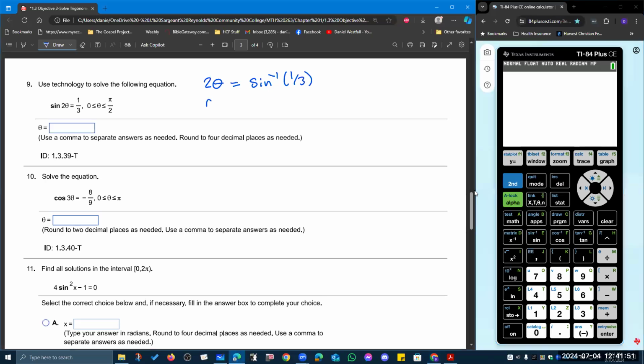So theta should be 1/2 of the arc sine of 1/3. And round to 4 decimal places. So 0.1699 radians.